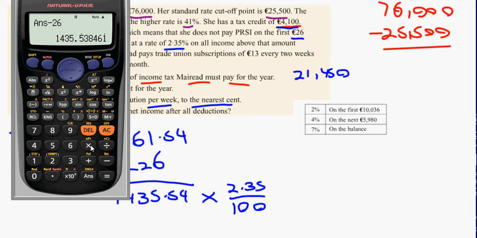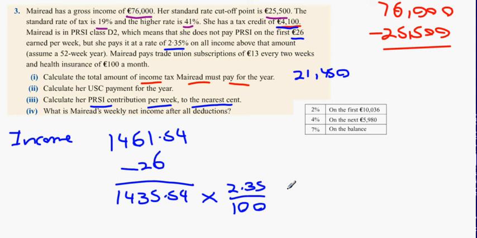So multiply by 2.35, and then divide by 100, and we're going to get €33.74. So €33.74.